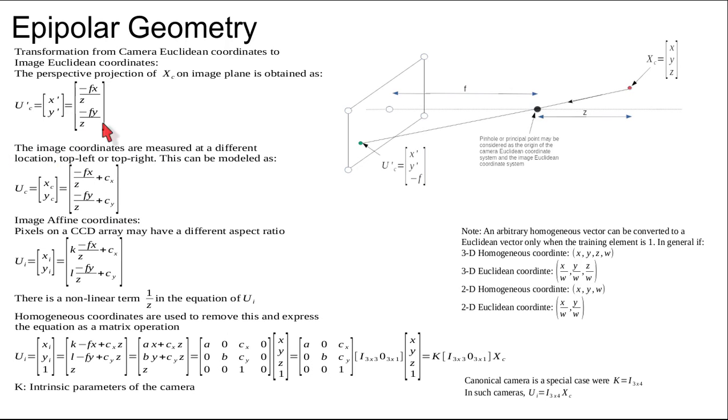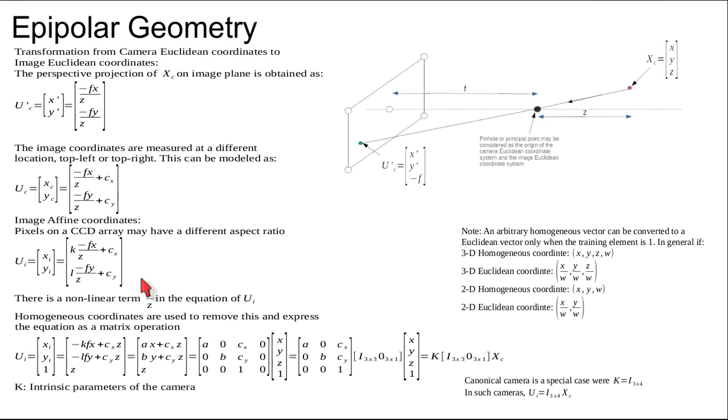The image Euclidean coordinates can be converted into image affine coordinates by applying an aspect ratio, where k and l is the aspect ratio that is applied on the x coordinate and the y coordinate. And finally, the values xi and yi, which you get from here, would be the row and the column in the image that is obtained after the entire image acquisition process.